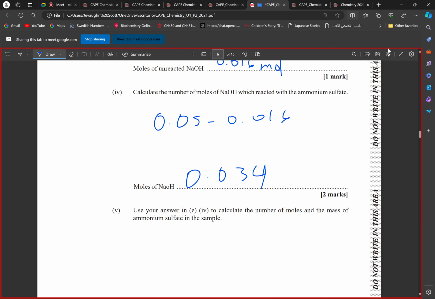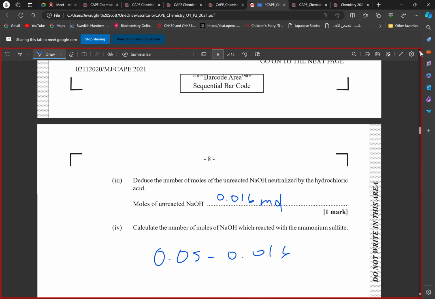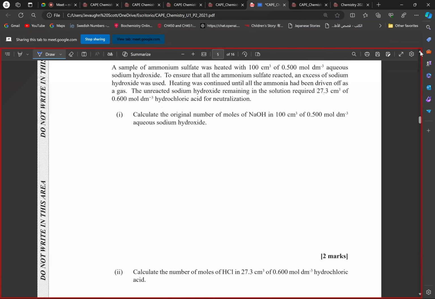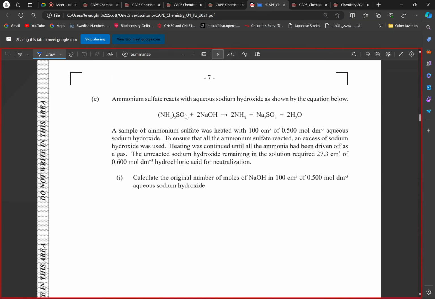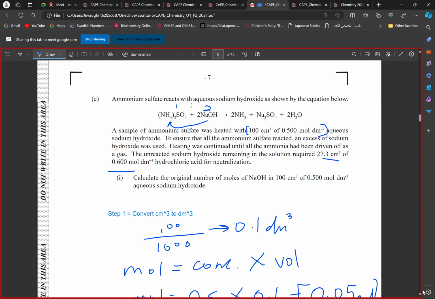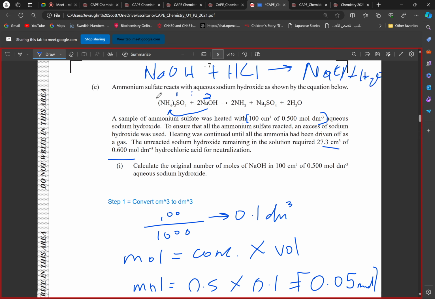It is not a one-to-one ratio. All right. If that is the number of moles of sodium hydroxide that reacted with the ammonium sulfate, we must now know that this is a 2-to-1 ratio. Therefore, we must halve the number of moles in order to find the number of moles of this. Agreed?